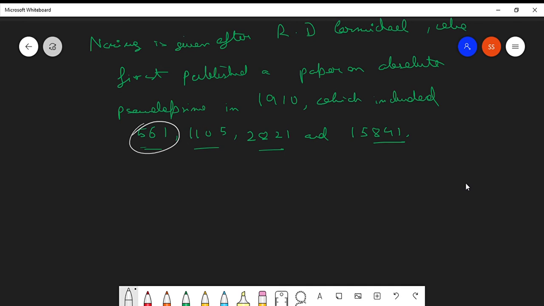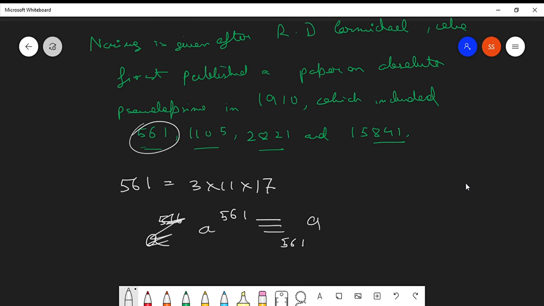So you can check it yourself that 561 can be factorized as 3 into 11 into 17. So you can check that a to the power 561 is congruent to a mod 561 by breaking it into three forms.